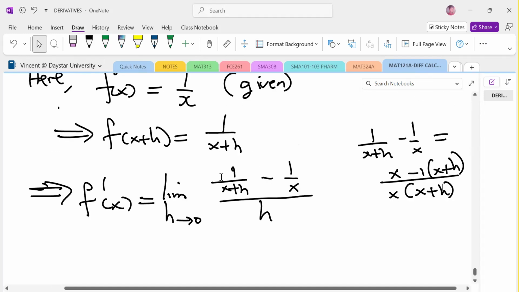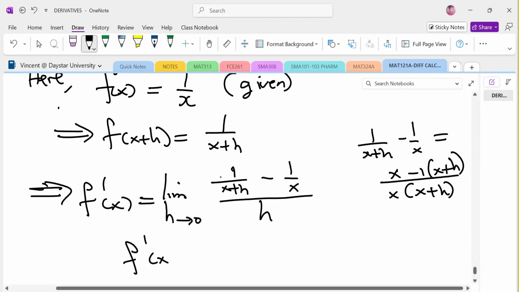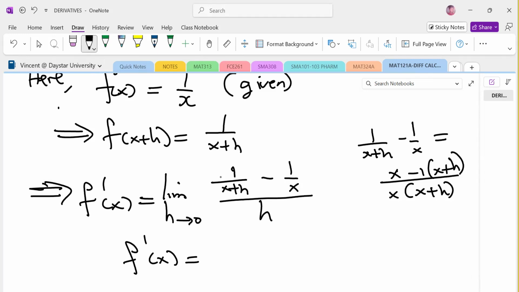Is everyone getting the numerator to be positive h? So what is negative 1 times x plus h? Minus x minus h. So then x minus h, what do you get? Yeah, it's negative, not positive.